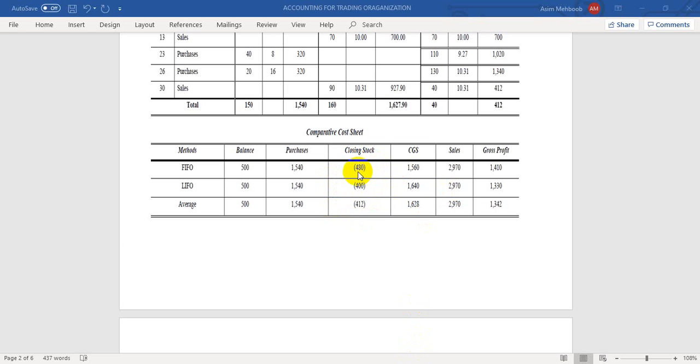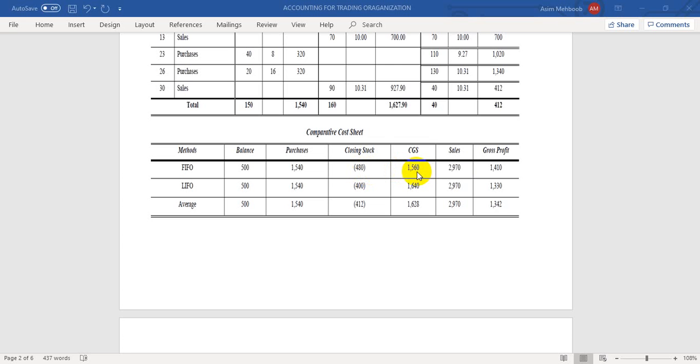So now you can see the middle value, or the average value, of the closing stock. FIFO normally gives the high ending inventory and lowest cost of goods sold, and LIFO gives low ending inventory but high cost of goods sold, and average gives the average. So when the closing stock is high, it means the cost of goods sold is low.